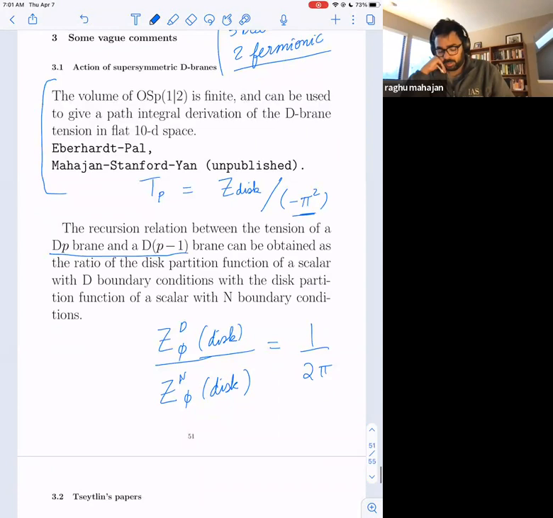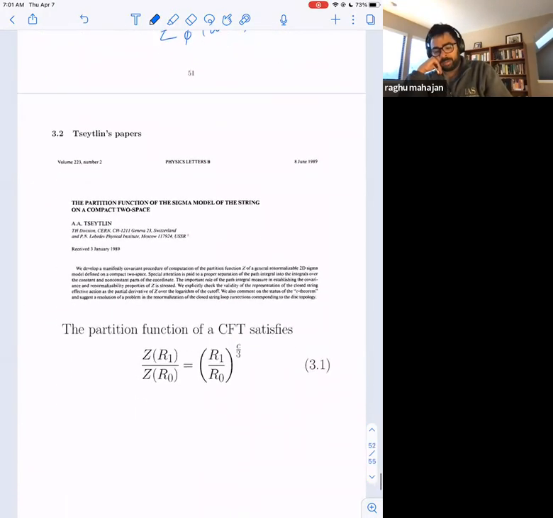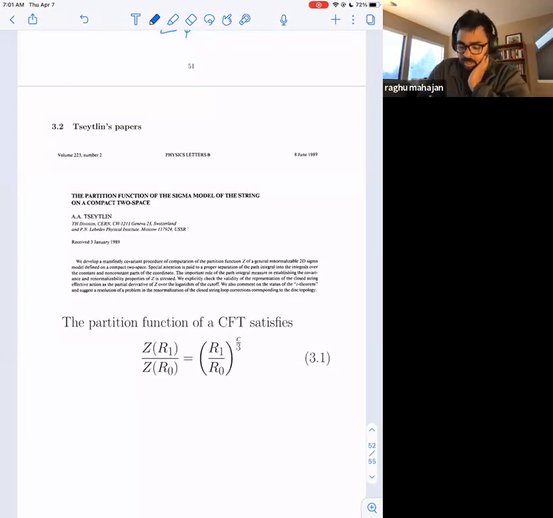Okay. And there are some papers by Cyclin, for example, this paper. It's a partition function of the sigma model of the string on a compact, I don't know. I never understand these papers, so please take these next comments with a grain of salt. The main idea is the following. First, let's not imagine a complicated sigma model. Let's just imagine a CFT, just like a free scalar or a WZW model or minimal model.